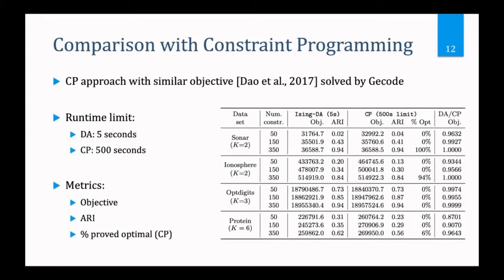We can see that solutions found by our framework in 5 seconds are approximately equal or better than solutions found by CP in 500 seconds across all configurations. We can also see that CP was unable to prove optimality of instances in most configurations.